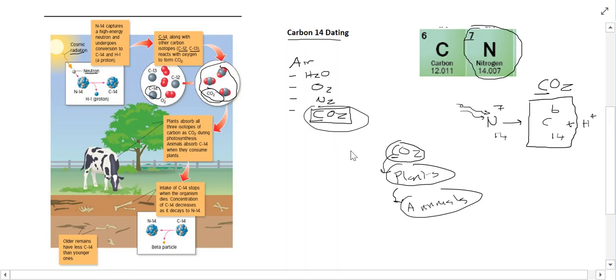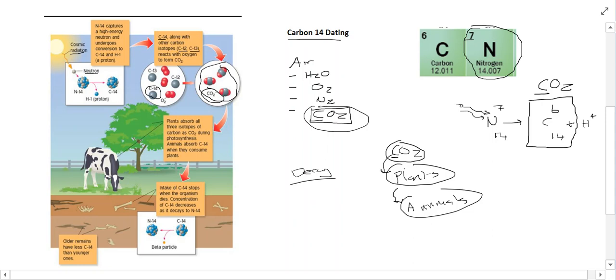Now the thing is that once this carbon is taken up by a plant or by an animal, if the CO2 contains carbon 14, that carbon 14 is going to start to decay. So carbon 14 is unstable, and it starts to break down.